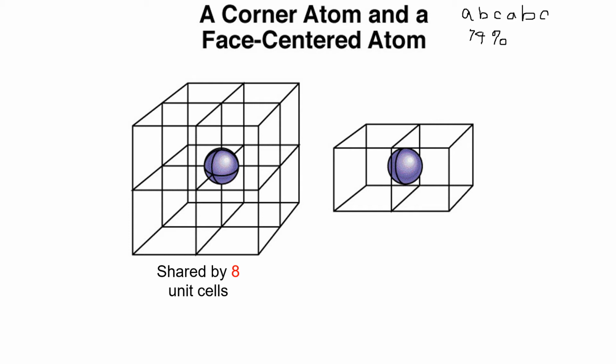We have 1, 2, 3, 4, 5, 6. So there are 6 of these spheres on the face of each of the sides of this unit cell, in addition to the 8 corner atoms.